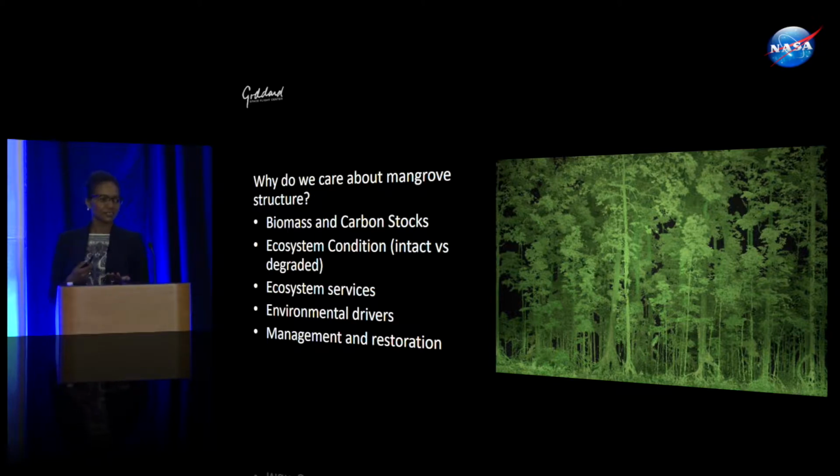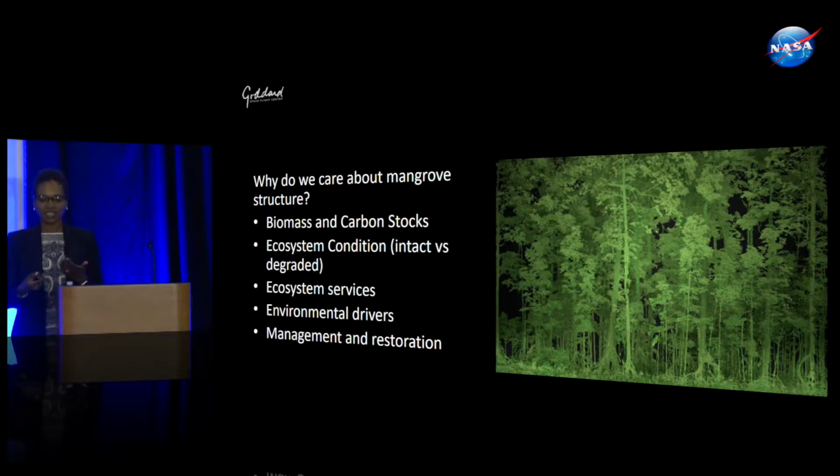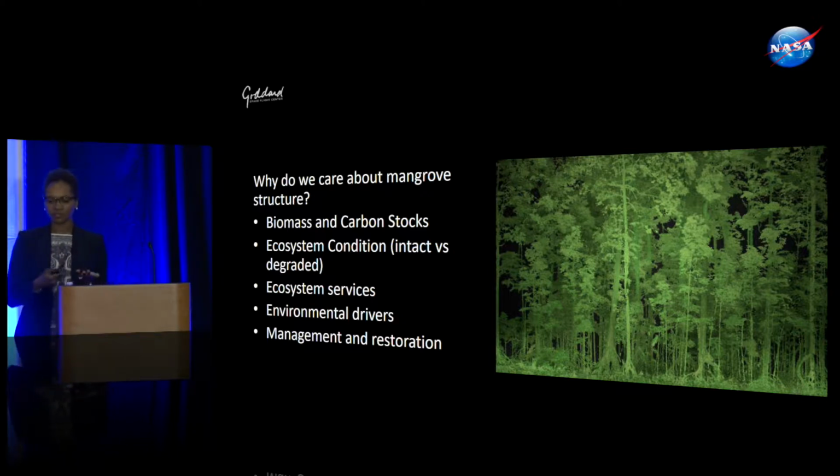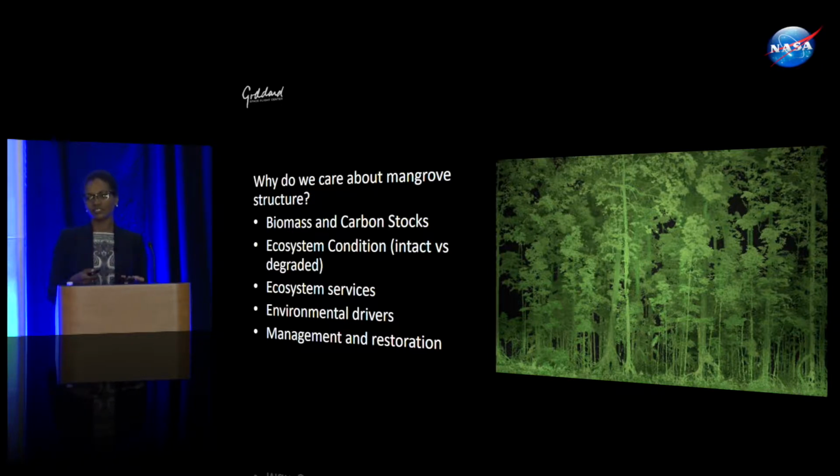For example, if you're trying to see whether a forest is intact versus a more degraded forest, if you're interested in seeing what the different ecosystem services are that are provided by a mangrove, it could be helpful to know what their structure is, and also what the environmental drivers are that are leading to differences in structures in mangrove. For example, is this a system that is limited by nutrients or fresh water? And then also, if you're trying to do ecosystem restoration, it's really helpful to know what the structure of a forest is.